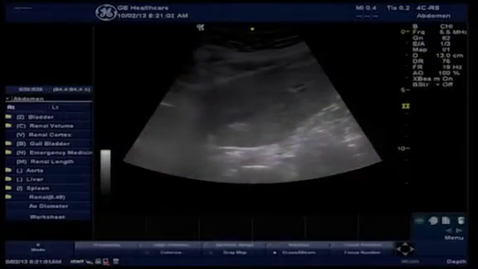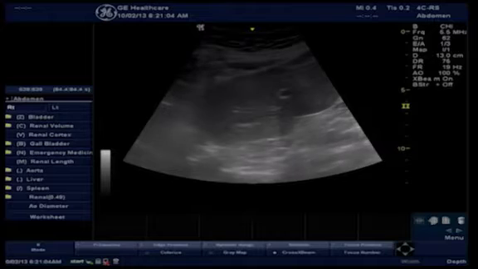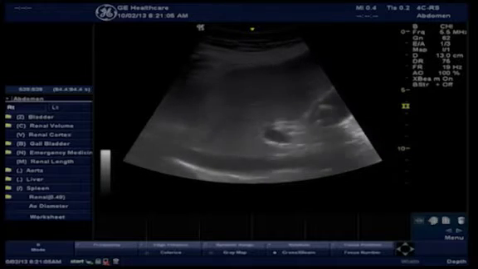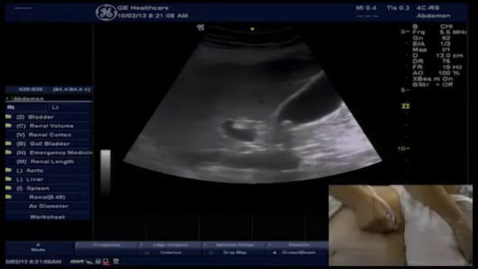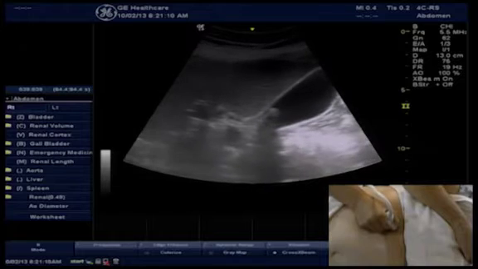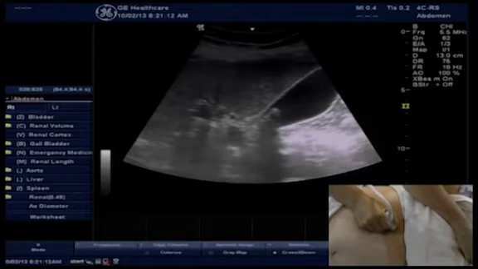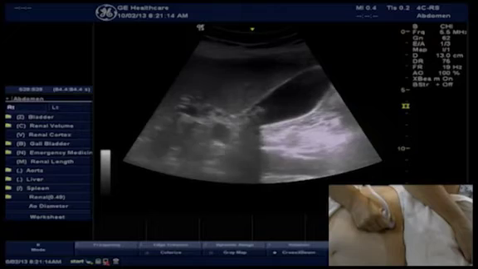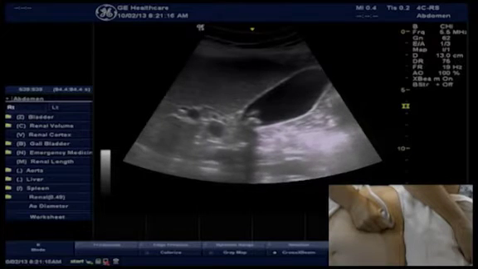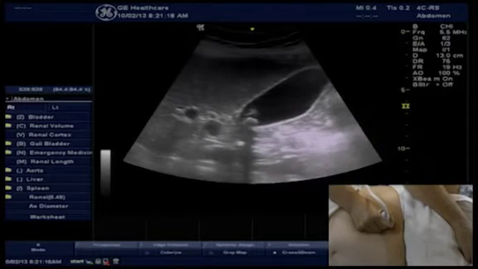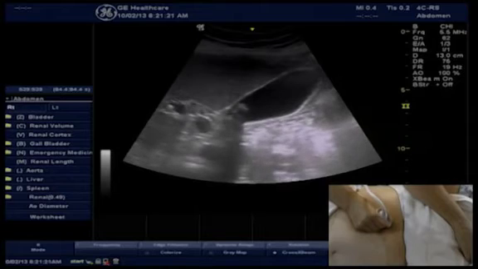Carefully scan with your beam's energy up and under that right costal margin until you can visualize the gallbladder in its true fossa. In this position, the non-obstructed intraluminal stones will appear in the most gravity-dependent portion of the gallbladder neck.